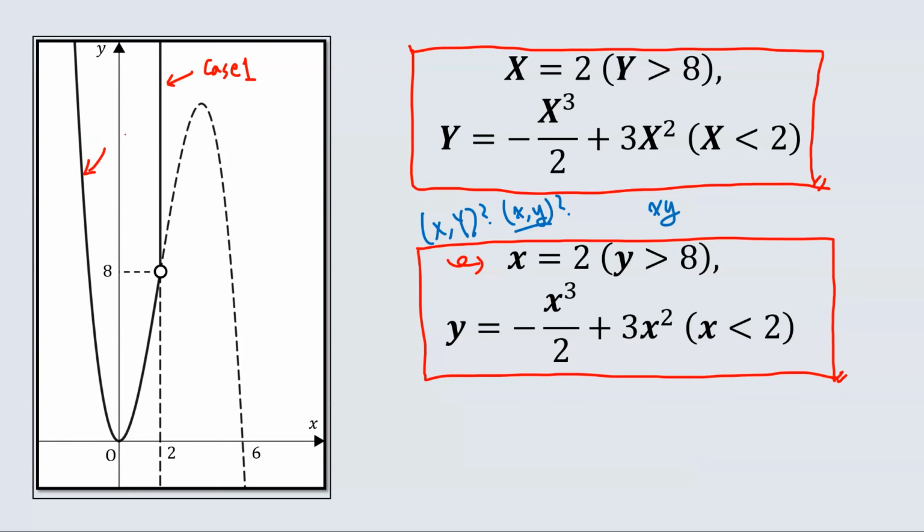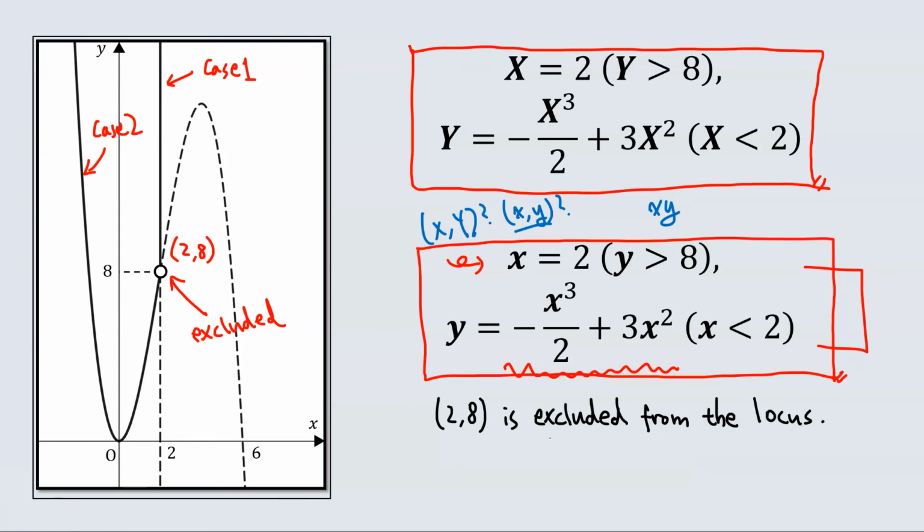And this part, the cubic function locus, is for case 2. Now, let us take a look at this point (2, 8). This point does not belong to either of the two cases. Therefore, this point (2, 8) is excluded from the locus. So this was the plot of the locus.